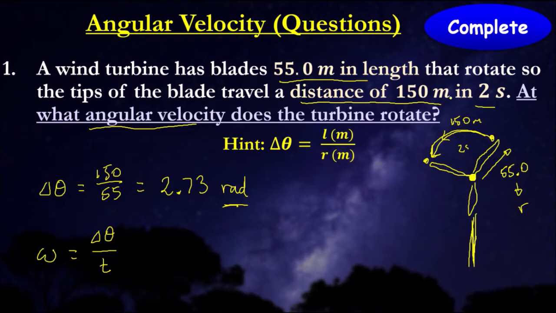Again, we're still using the 2 seconds because that's the amount of time taken to go from one point to another. Our angular displacement is 2.73 over 2 seconds, which gives us approximately 1.37 rad per second. That's how you do this very first question here. Let's go for something a little bit more challenging.